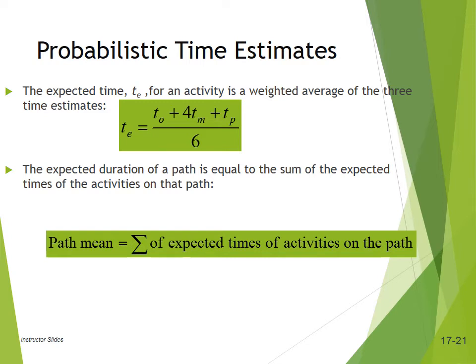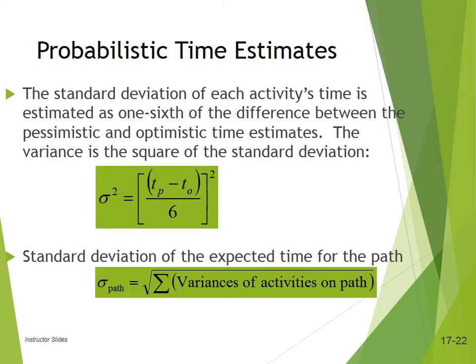So if we take the time of all the activities in a path, if we sum that up, we'll get the path mean time. Now, by path we mean activities which are linked with one another from start to finish. When we talk about probabilistic time, obviously we'll get standard deviation, because the activities would deviate from the mean.